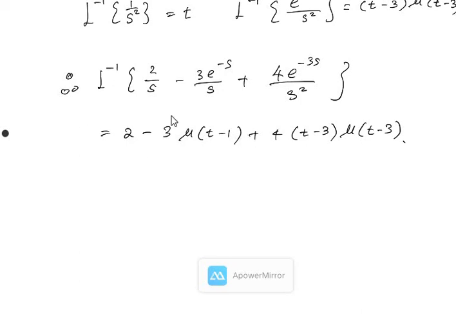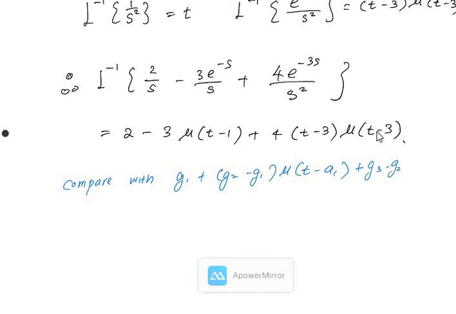So just now is another option to find the inverse Laplace. Once we obtain the inverse Laplace, we can compare with the unit step function formula: g1 plus (g2 minus g1) u(t minus a1) plus (g3 minus g2) u(t minus a2).